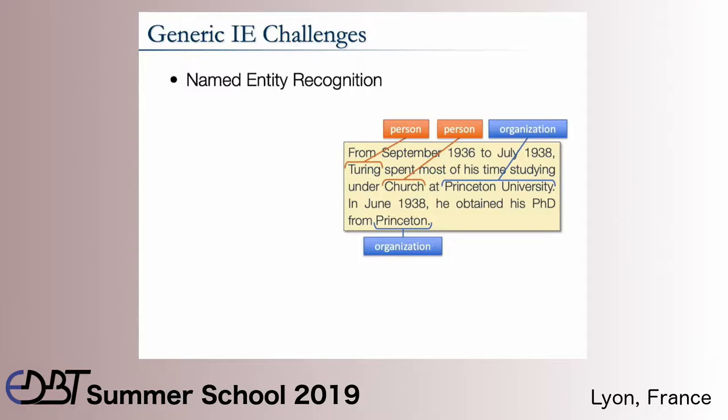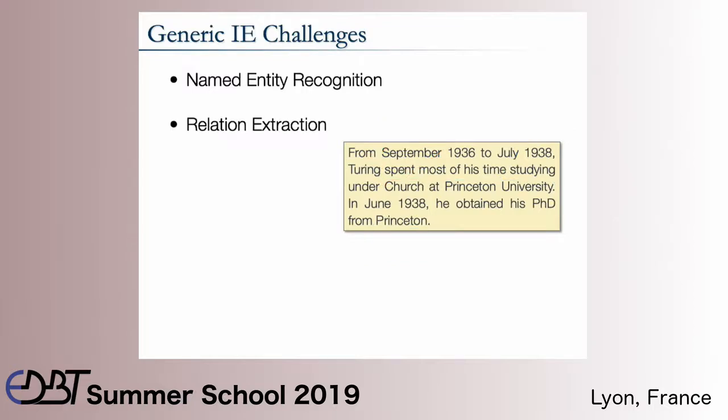So Church is a person, Princeton University is an organization, and so on. Another is relation extraction: find instantiations of a relation of some predefined semantics, like here, advised by Turing Church, works in Church, Princeton.